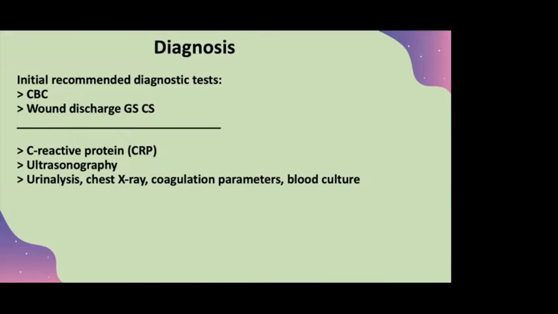Depending on the clinical presentation, the following examinations may also be performed: the urinalysis, the chest X-ray, coagulation profile or coagulation parameters. The blood culture can be done in order to rule out a urinary tract infection, pneumonia, disseminated intravascular coagulopathy, and septicemia.